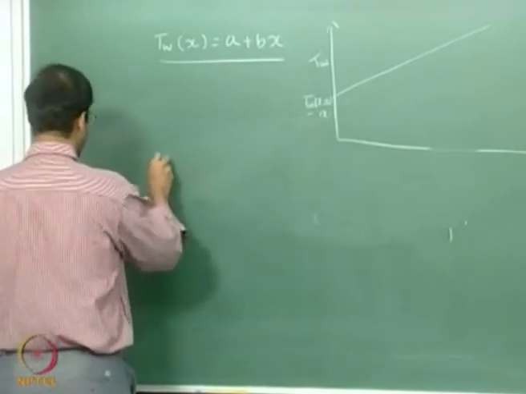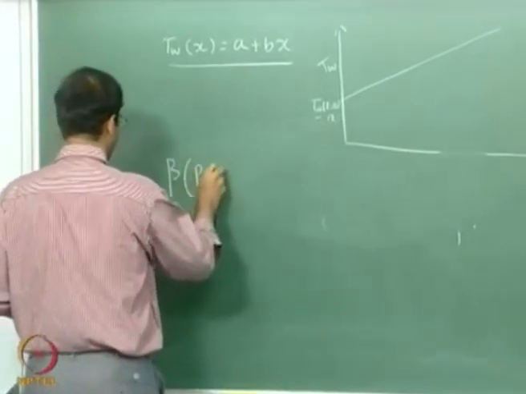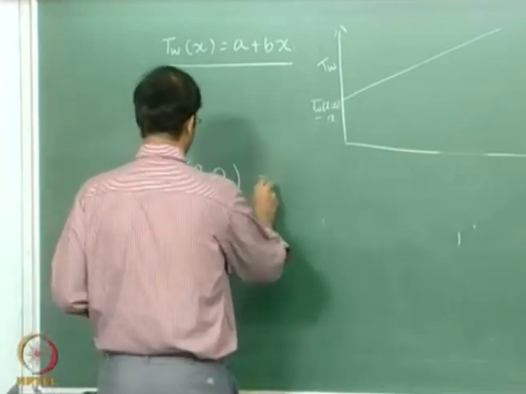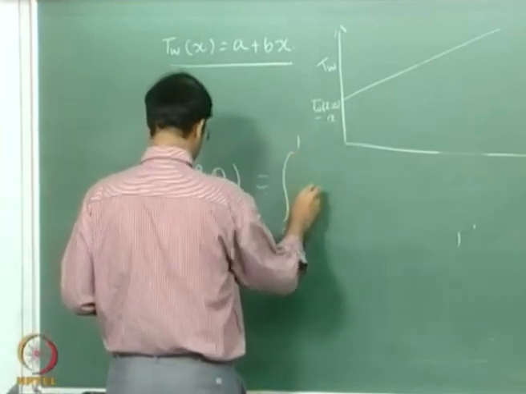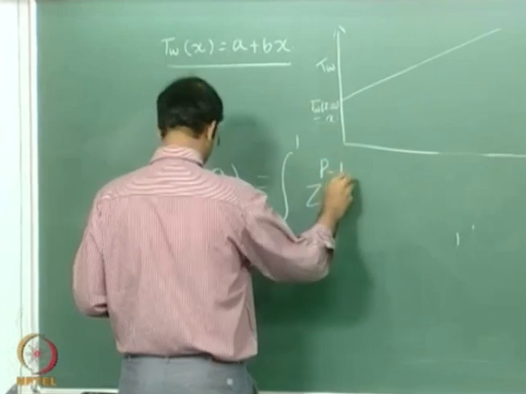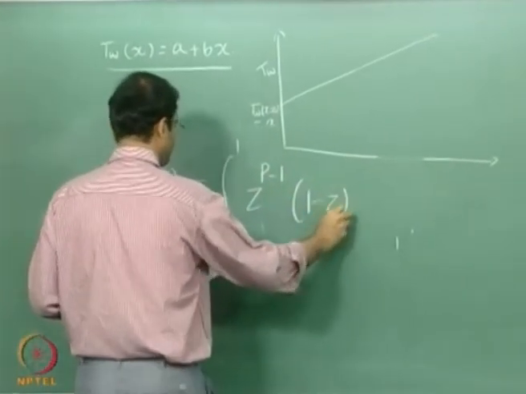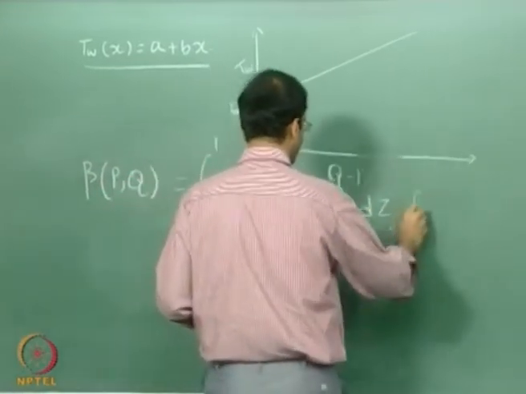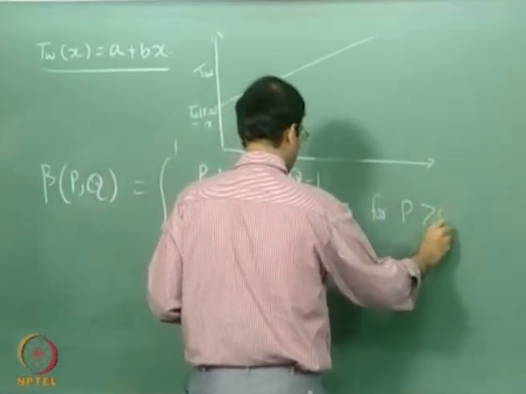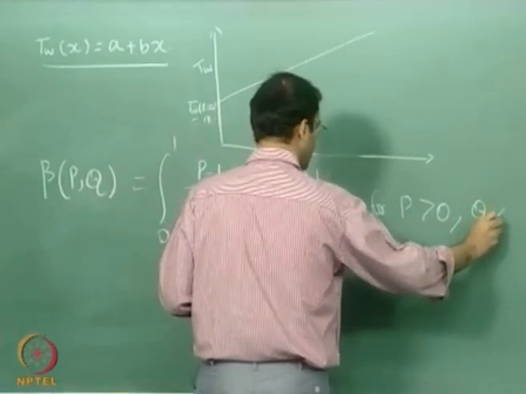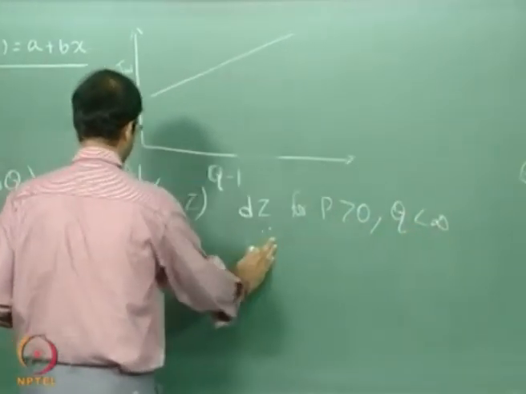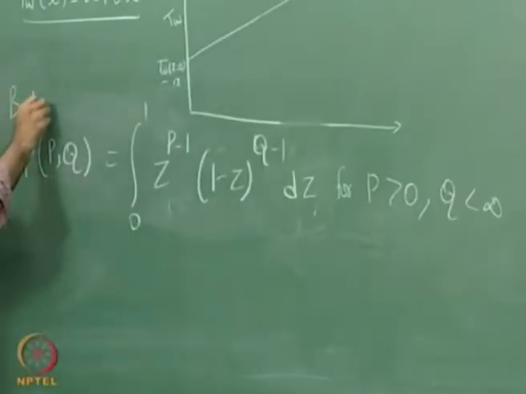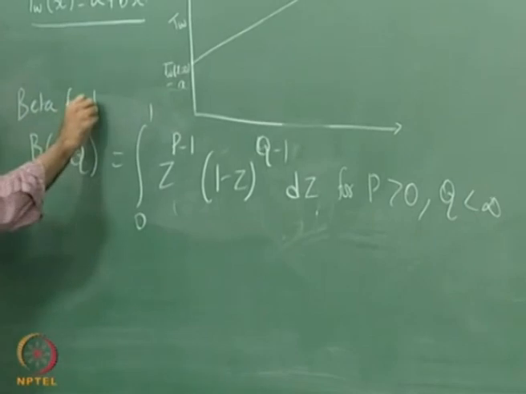You can express this beta function in terms of constants p and q: integral 0 to 1 of z to the power p minus 1 times 1 minus z to the power q minus 1 dz. This is valid for positive values of p and q less than infinity. This is how your beta function is defined.